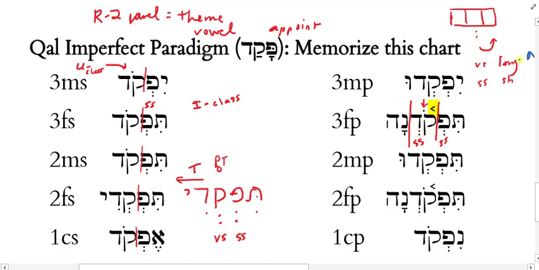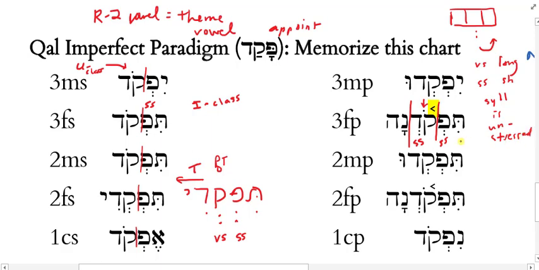So does that mean that this rule I gave you now can just totally be thrown out? No. I now need to tweak the rule, okay? This rule still applies, but it only applies when the syllable is unstressed, okay?